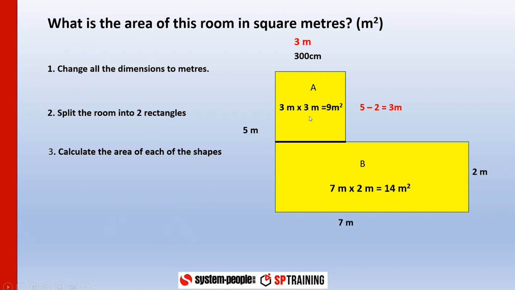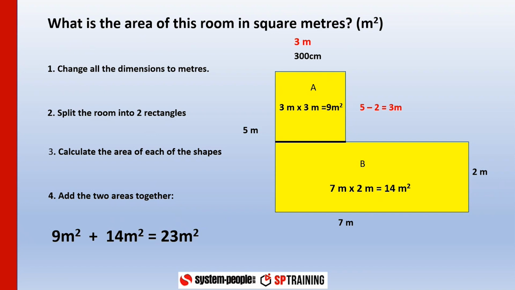The next thing we do, the most important thing we do next, is we add the 2 shapes together. We add the areas of the 2 shapes together to get 23 meters squared.